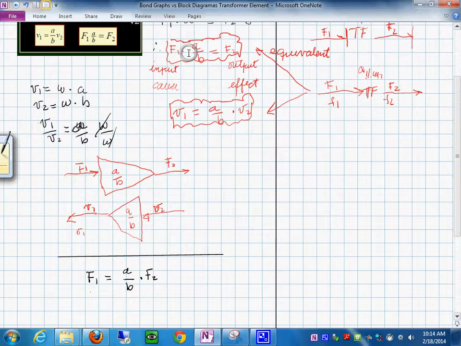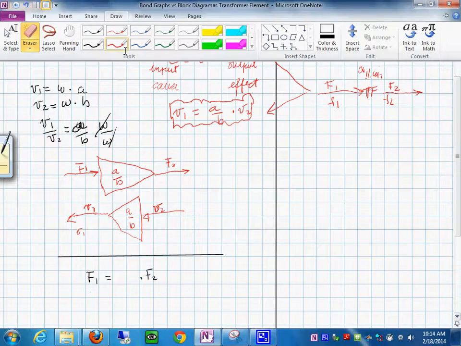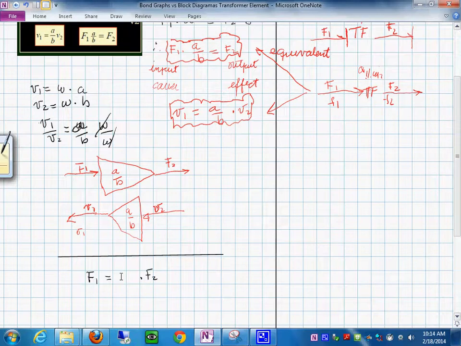See, yeah, B over A. Yes, it's B over A. And in this other equation, you could write that v sub 1 is B over A times v sub 2.